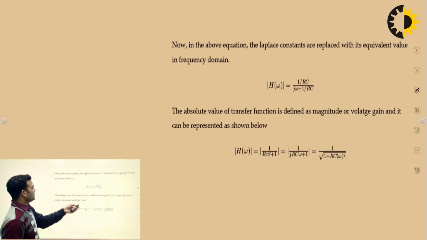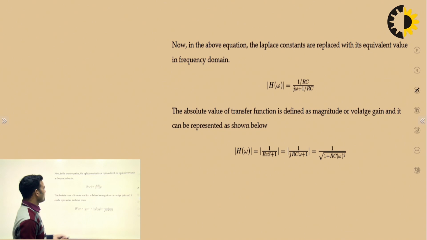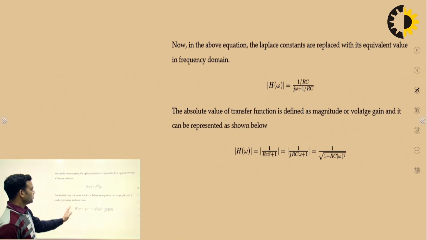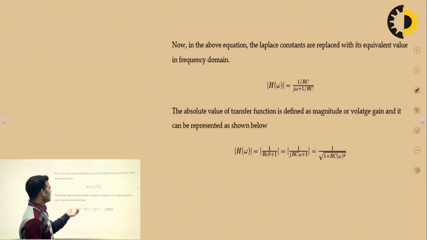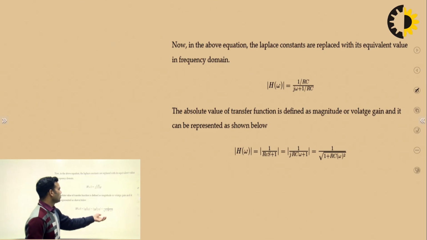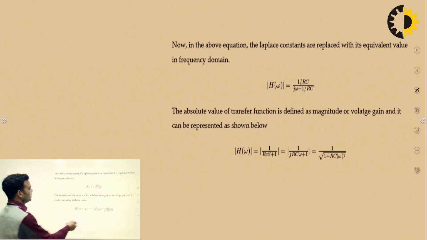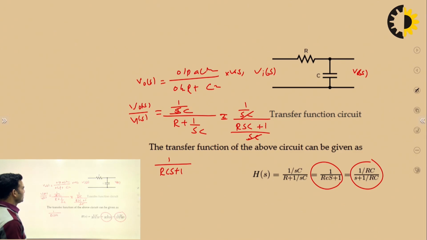So, this is 1 upon RC, 1 upon RC. If you solve it, you will get it like this. That means the magnitude of H of omega is equal to 1 upon the square root of 1 plus (RC omega) squared, or even you can solve it from here also.